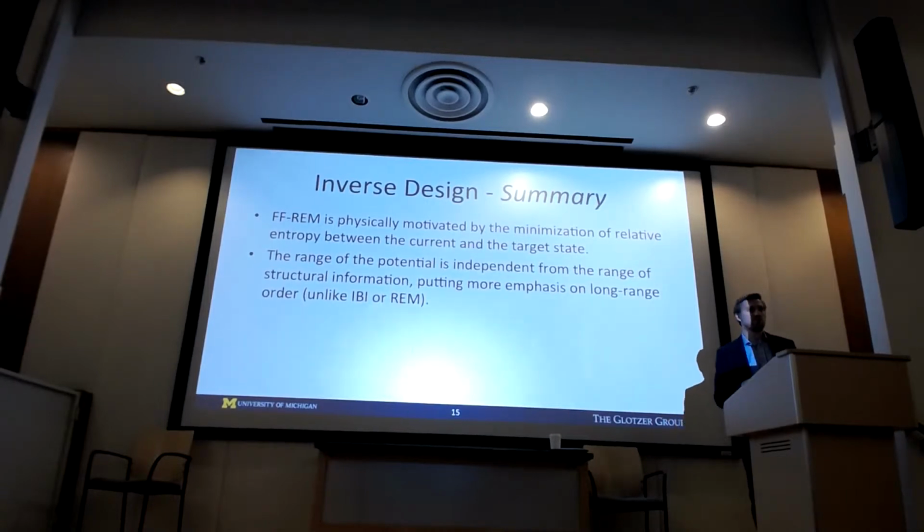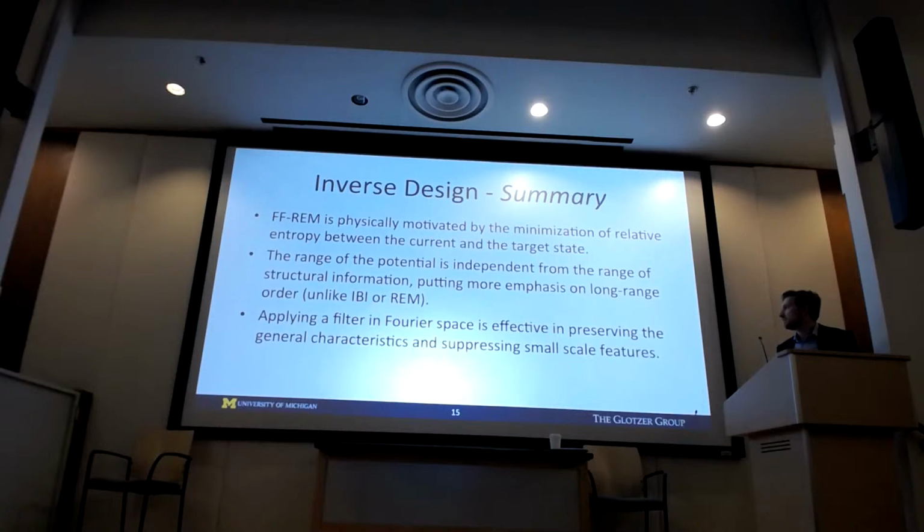So both for the iterative Boltzmann inversion as well as for the relative entropy minimization, the way that it was published, the range or length of the potential is identical to the information that we put into the update. And then finally, we were able to show that applying this filter function, we could control the complexity and prevent overfitting of these potentials for the desired target states.